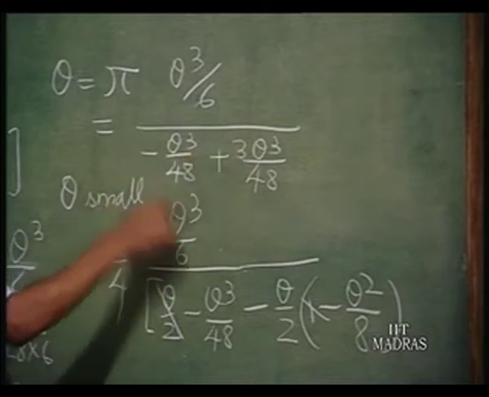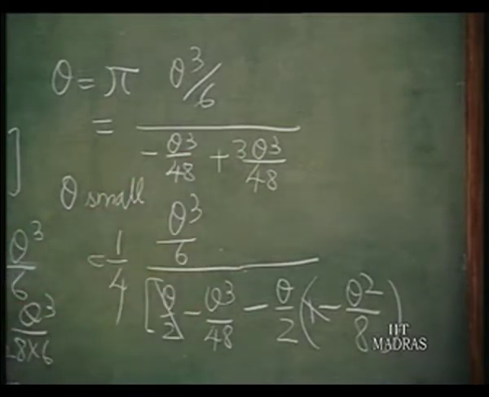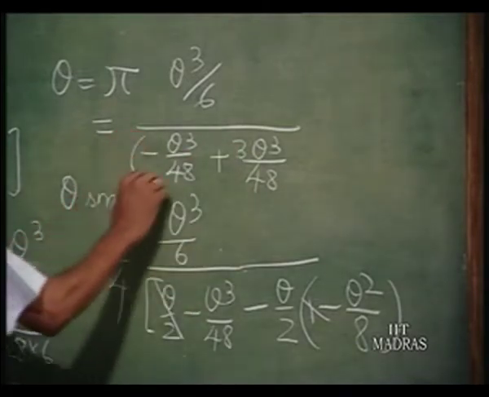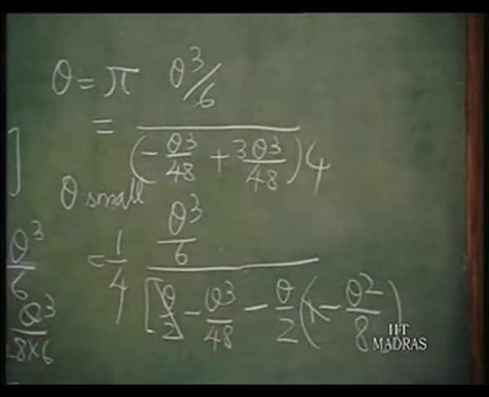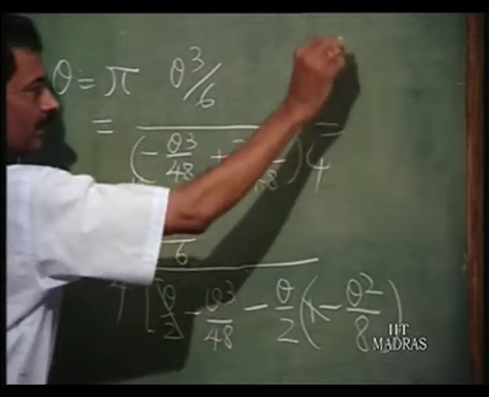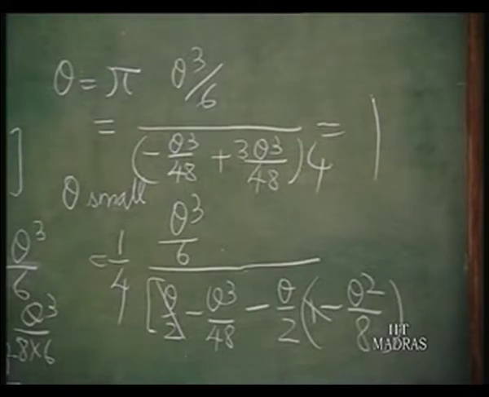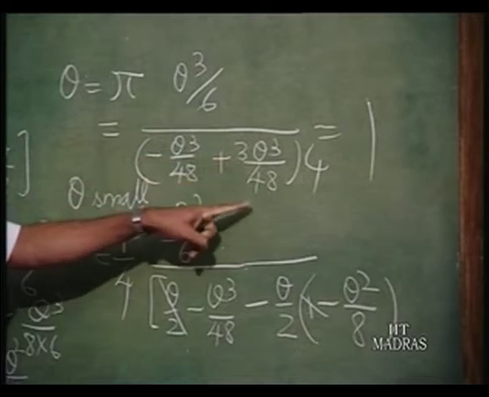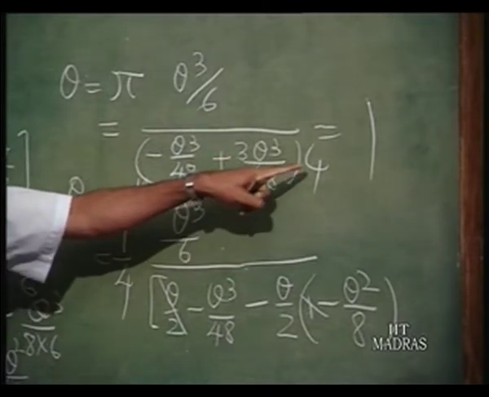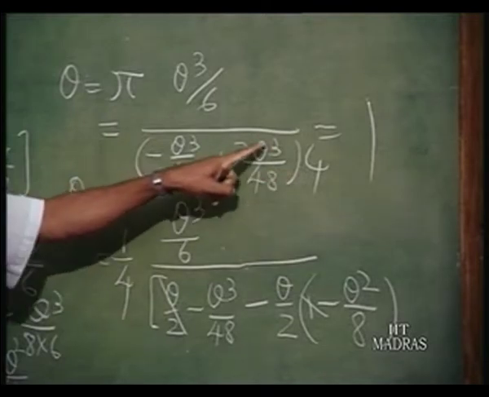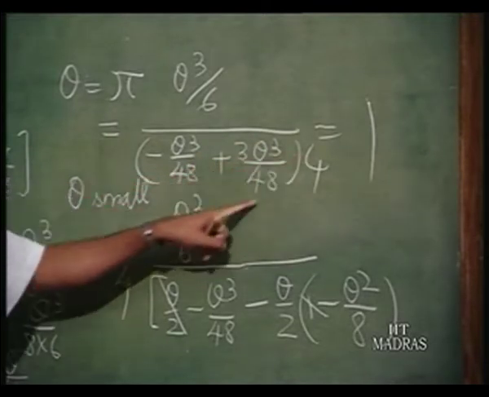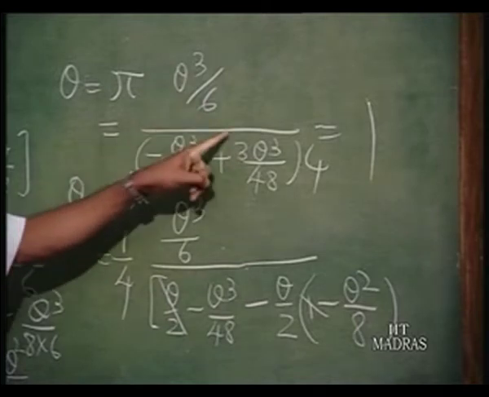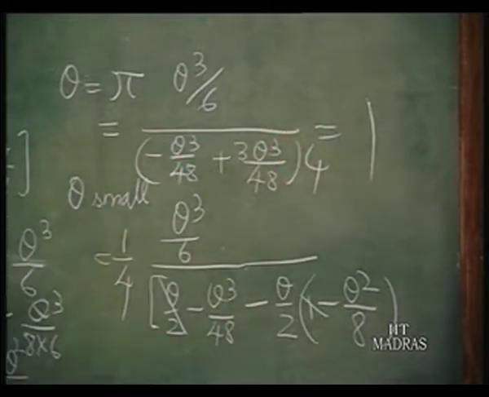So, it is 2 by 48, okay, this whole thing divided by 4, okay. So, this comes out to be 1, right. 3 by 48 minus 1 by 48 is 2 by 48, okay, which is how much is it? 1 by 24 is 1 by 6, theta cubed by 6, theta cubed by 6, 100% efficiency. This is the theoretical efficiency.